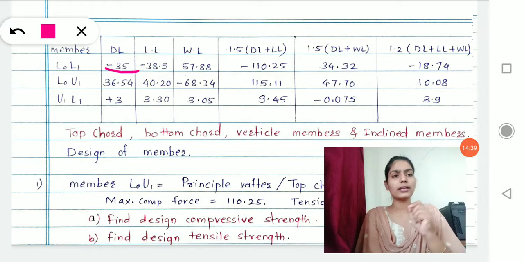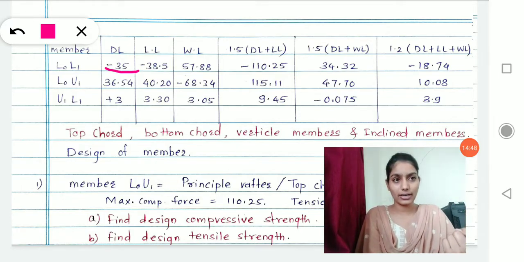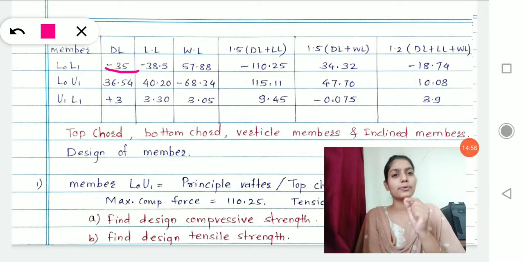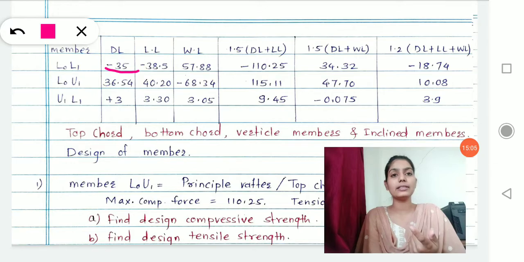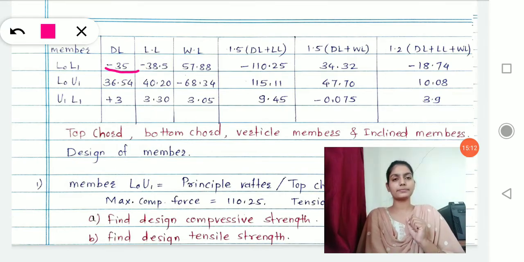My assumption was that every member is in tension. But now the negative sign proves me wrong. My assumption is wrong, and the member is telling us that it is carrying a compressive force, and that's why the negative sign is there.